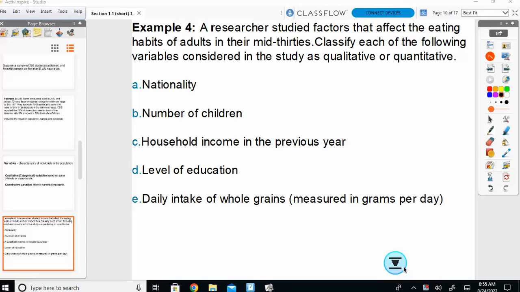Nationality. Is that qualitative or quantitative? Qualitative. So this is in your example packet. Number of children. Household income in the previous year. Quantitative.